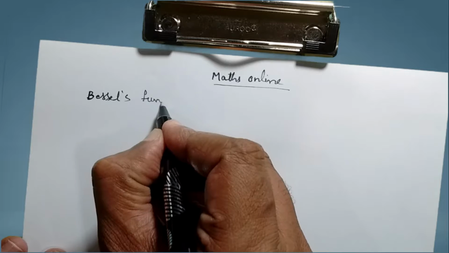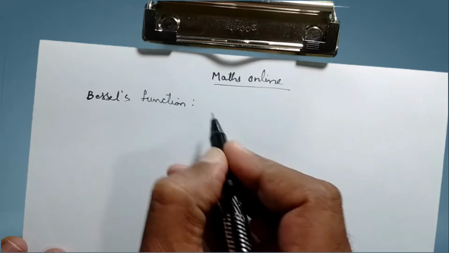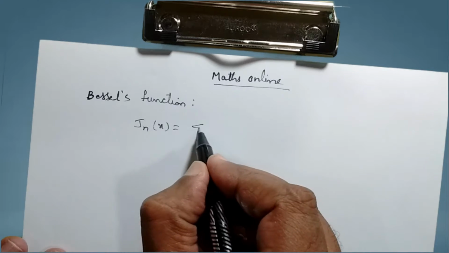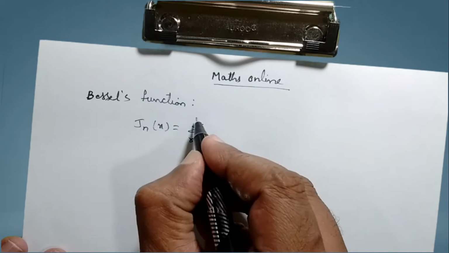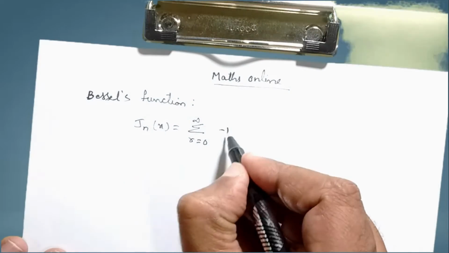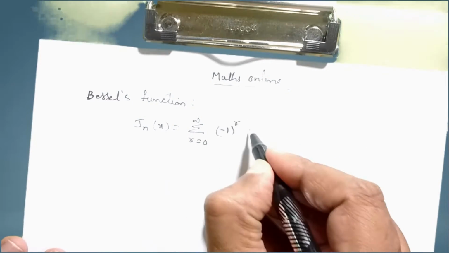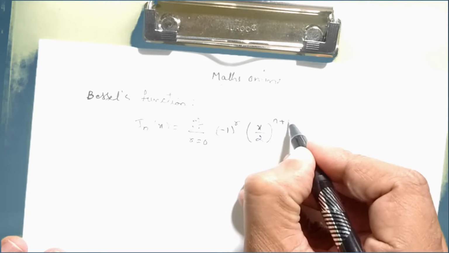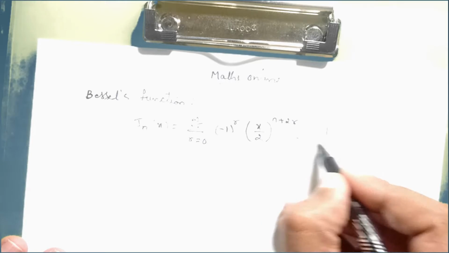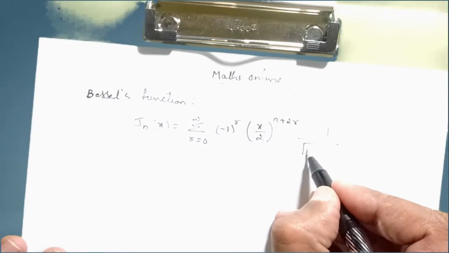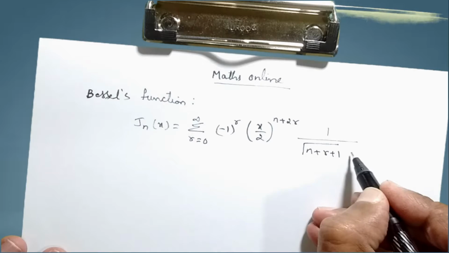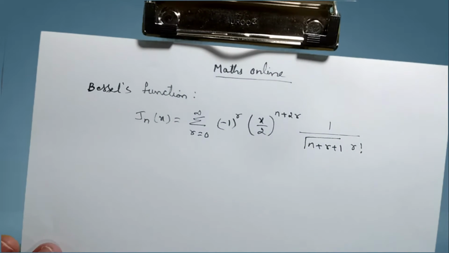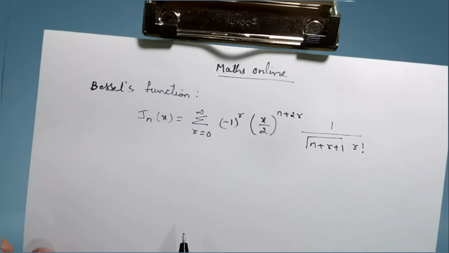Bessel's function is written as Jn of x equals the summation of r equals 0 to infinity of (-1)^r into (x/2)^(n+2r) into 1 by gamma of (n+r+1) into r factorial. This is the Bessel's function that we have studied. Now let us take a few examples based on it.